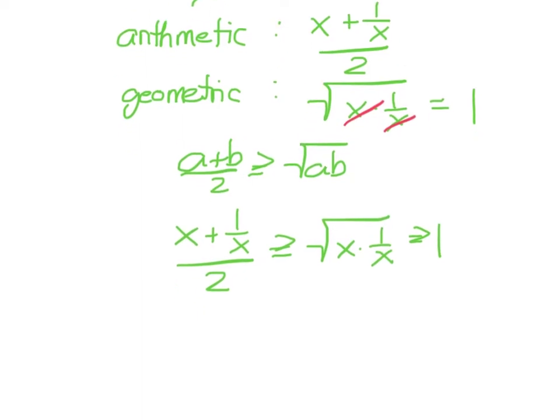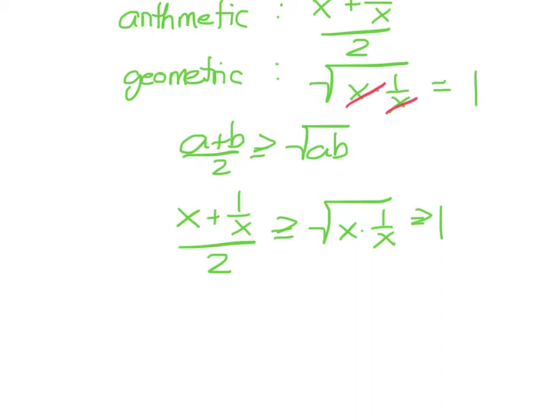Now, using the properties of inequalities, I can multiply both sides by 2 and rearrange this so that I get x plus 1 over x is greater than or equal to 2. Well, I've just proved the statement above.